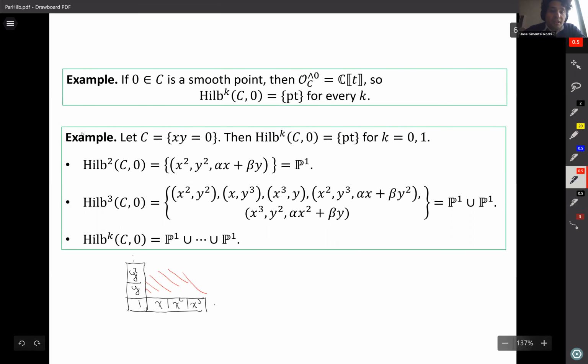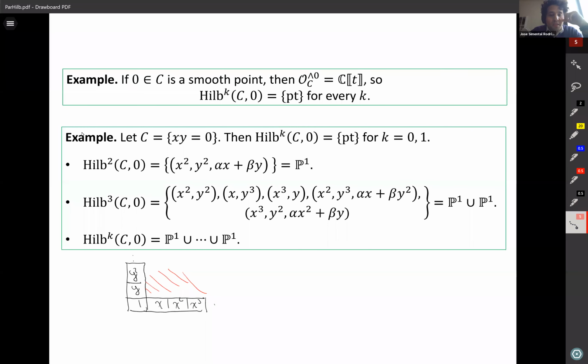We can see, for example, that the ideal generated by x squared, y squared has codimension 3. I just get rid of everything to the right of x and up of y. I mod out by one more relation to make it have codimension 2, and we can see that the Hilbert scheme of 2 points is P^1.